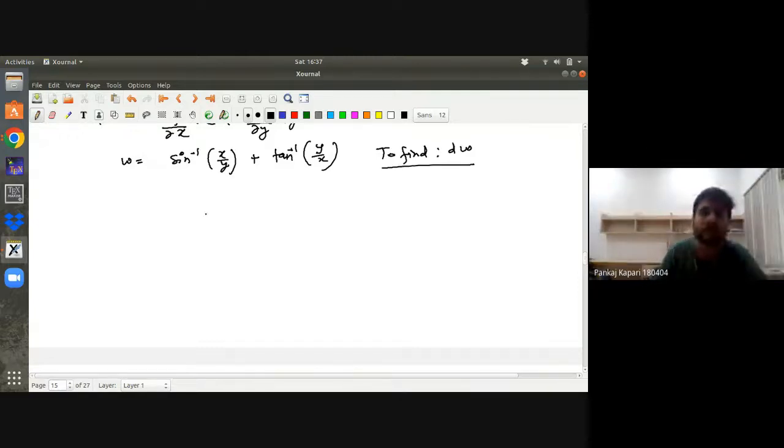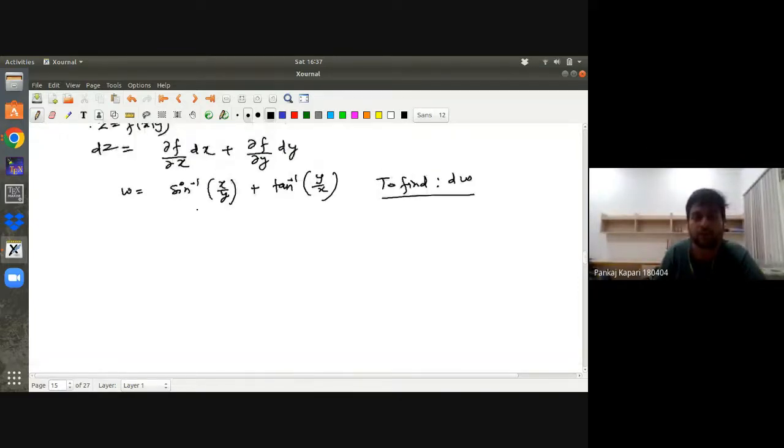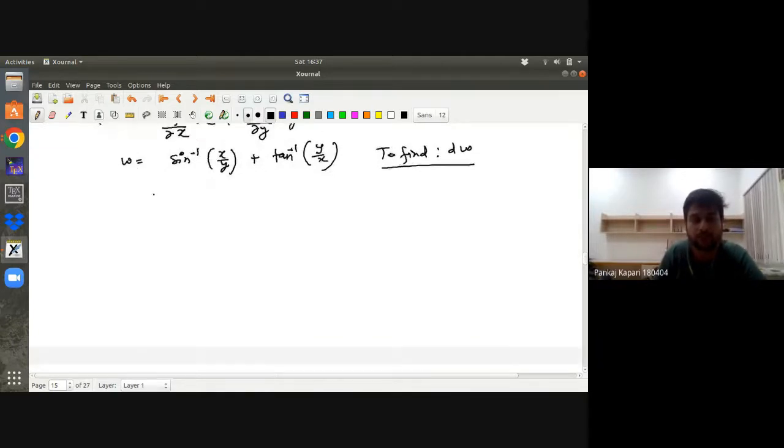For finding dw, we first have to find the partial derivatives of our function with respect to x and y. So let's recall the derivatives of the sine inverse and tan inverse functions. d by dx of sine inverse x is equal to 1 over the square root of 1 minus x square, right?